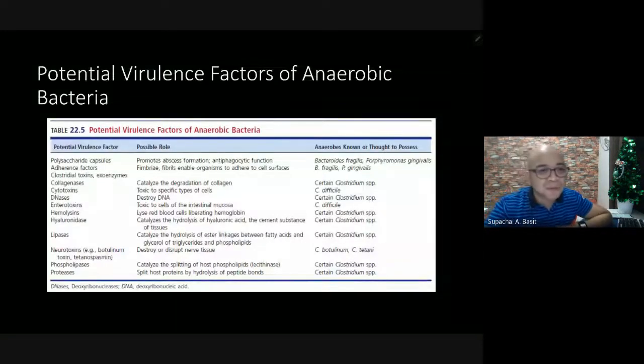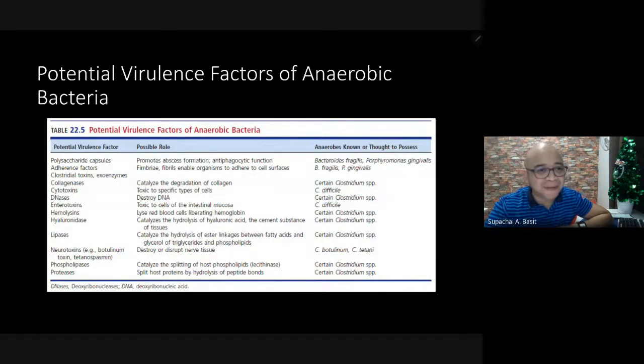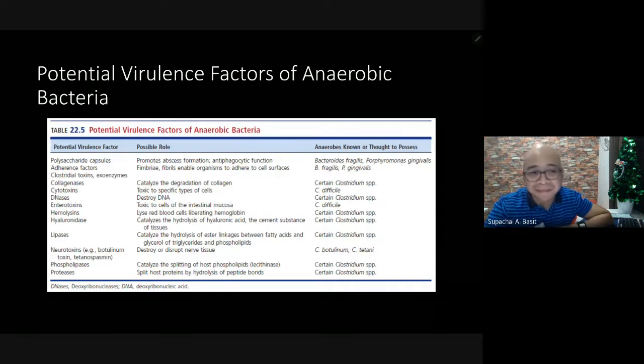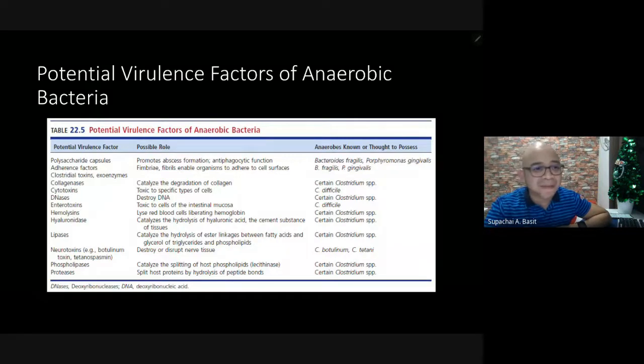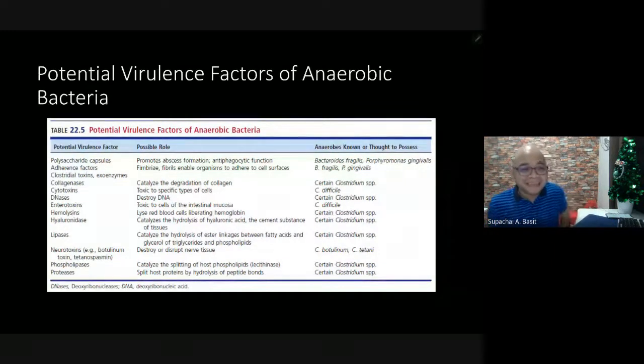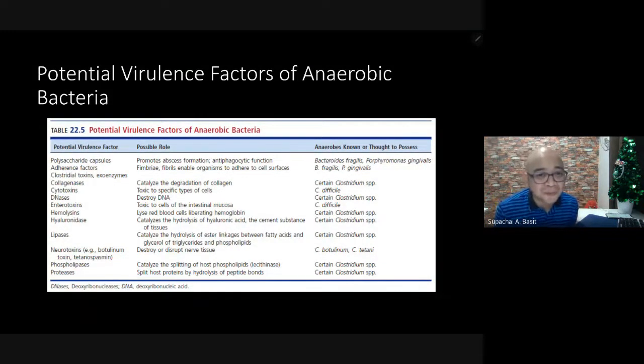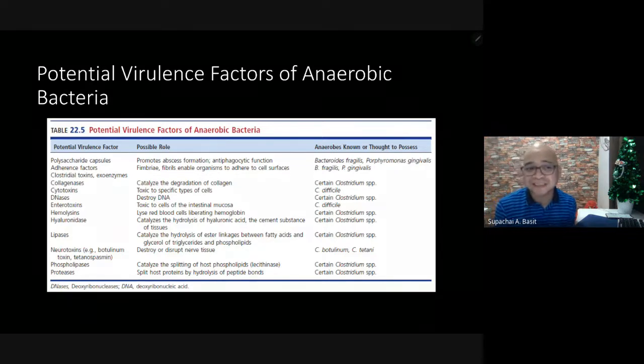Okay? So these are the different virulence factors of anaerobic bacteria. Let me just mention some of them because we will also be discussing them as we go along. We have the capsule, which prevents phagocytosis. We have the adherence factors that allow them to adhere to different surfaces.